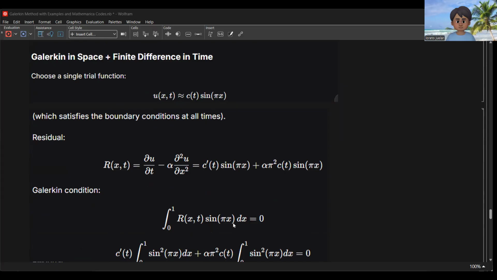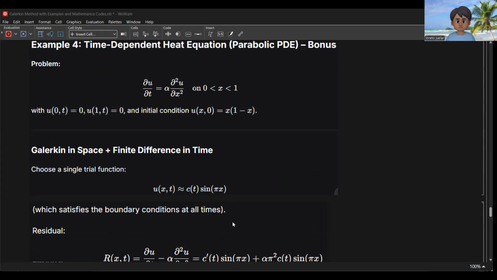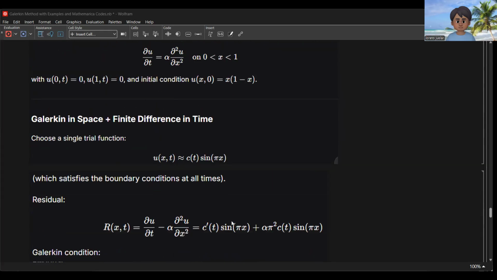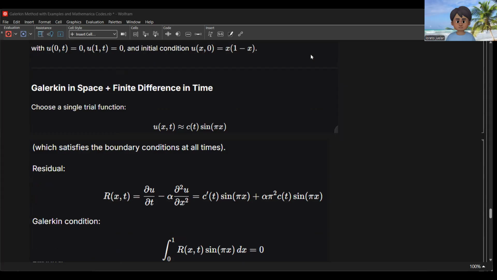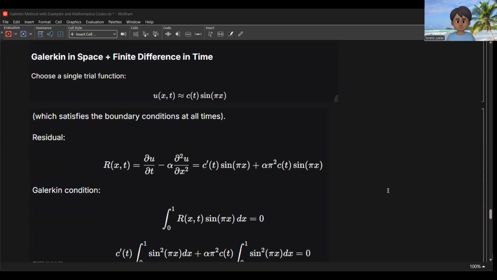So sine of pi x is our solution. Okay, so we have the residual here.